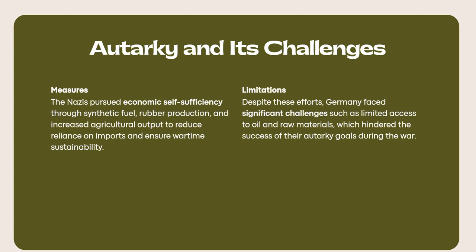But Germany lacked essential resources like oil and rubber, which later caused problems during the war. The Nazis pursued economic sufficiency, but they lacked oil and rubber, so they could not achieve it.